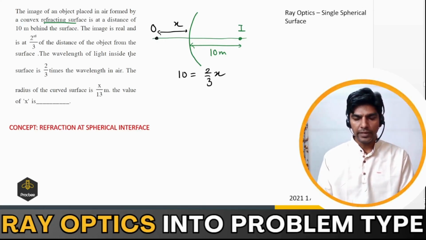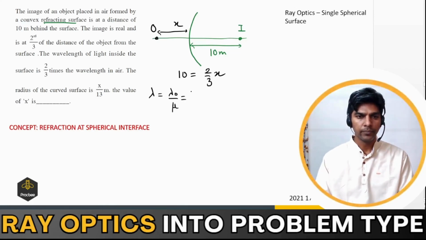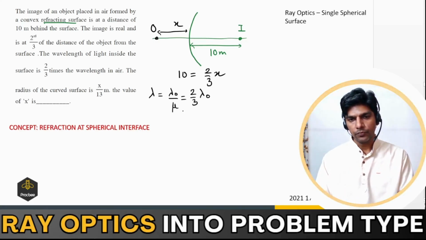The wavelength of the light inside the surface is 2 by 3 times the wavelength of light in air. So lambda in medium is given as lambda naught by mu, which is nothing but 2/3 of the wavelength in air. Now from this we can say the refractive index is 3 by 2.